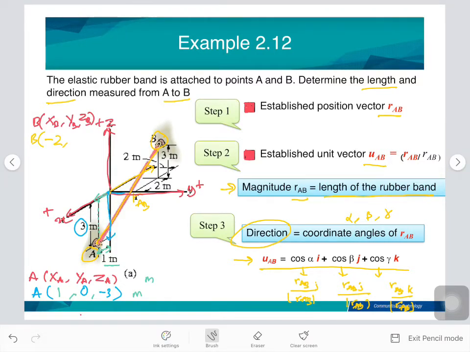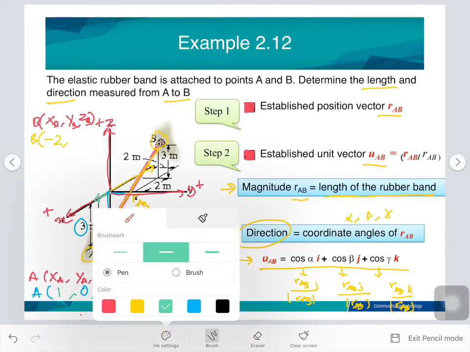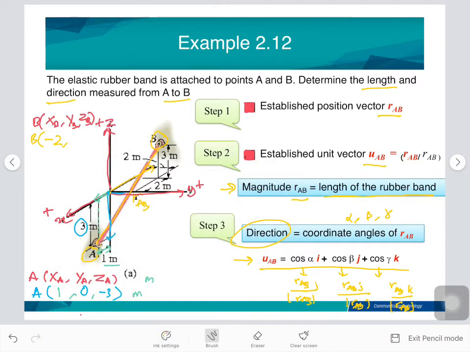Okay, next we travel in Y. From the origin, we have the distance, which is 2 meters. Positive or negative direction? Positive Y, right? So we have 2 here. And then the last one, Z exists.